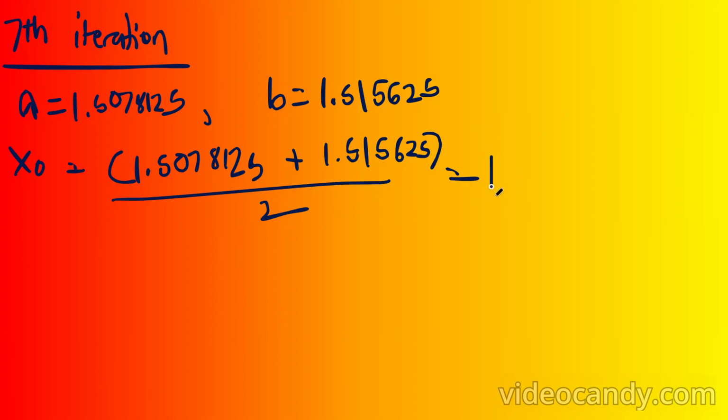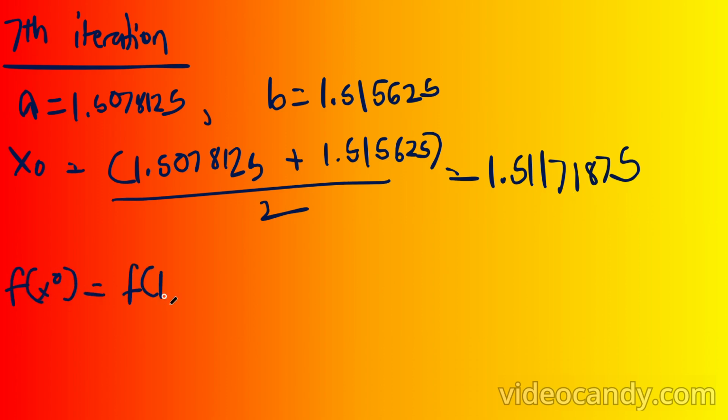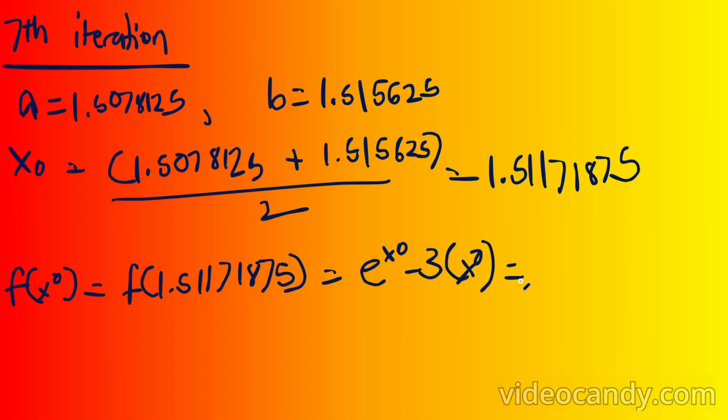Okay, so the answer is 1.511, so f at x0 is 1.5117185. So x0 cubed minus 3 times x0, so how much? 1.5117185 minus 3 is negative 6.384.